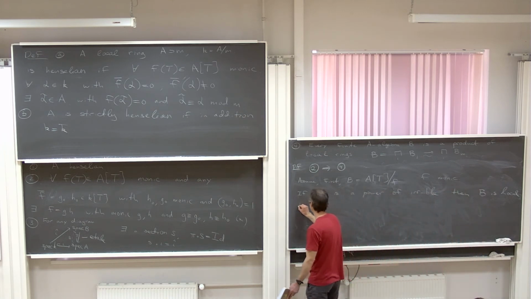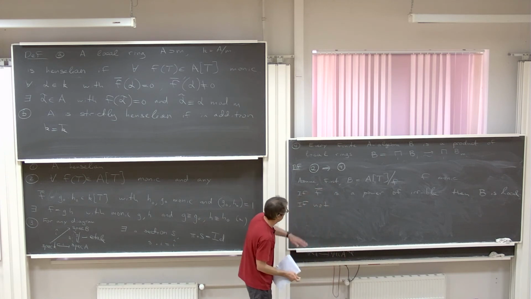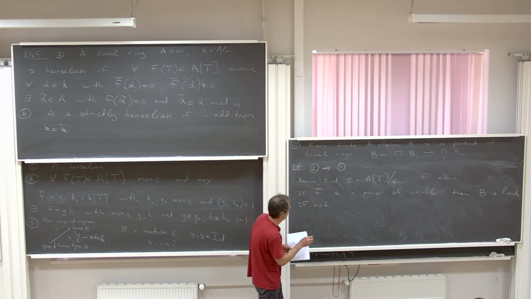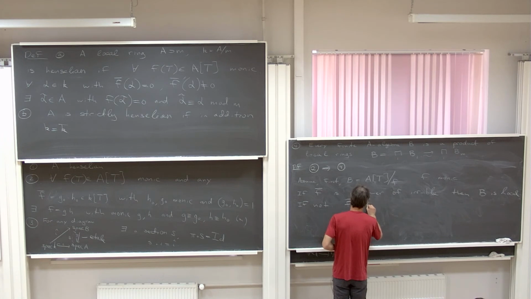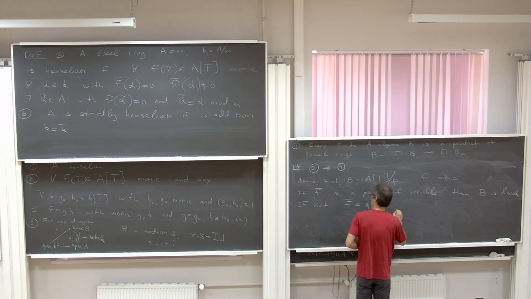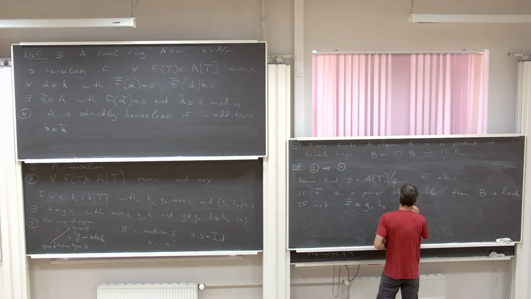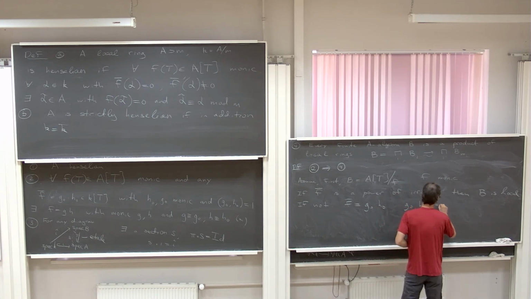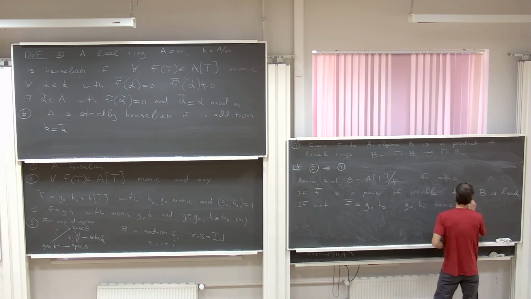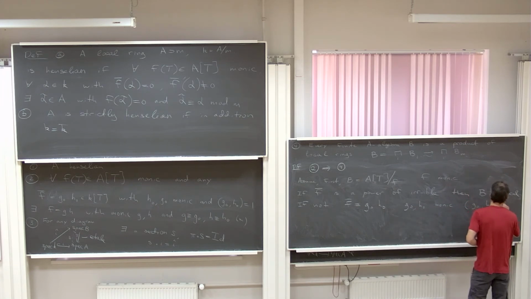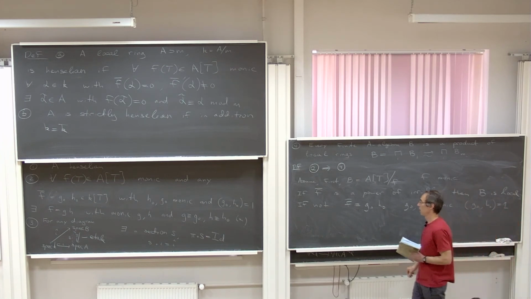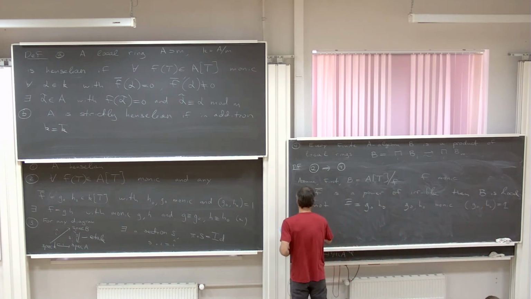So if not, then we can write F bar as a product of G0 and H0, where G0, H0 are monic and coprime. Then we use 2.